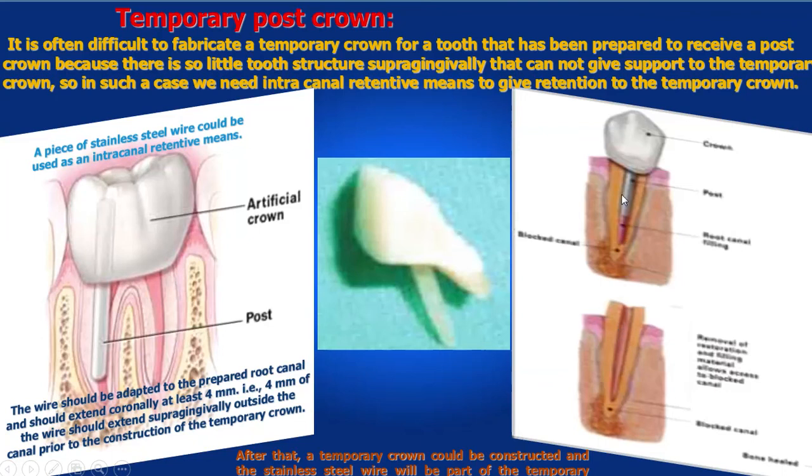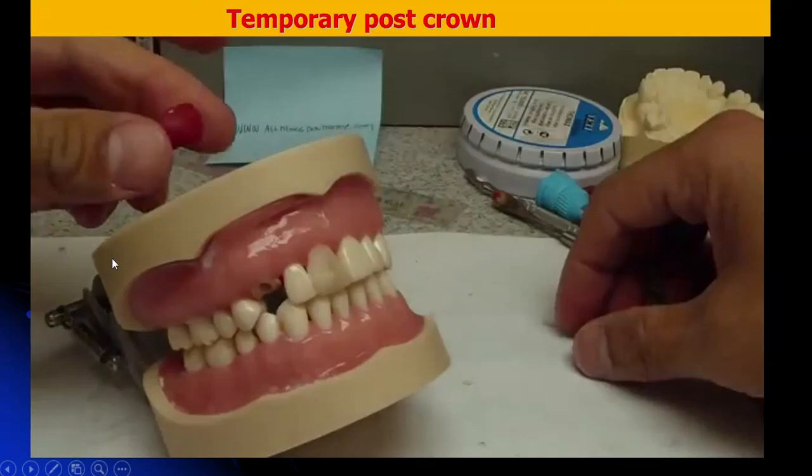We extend a special dowel wire inside the canal, and any technique can be used. Even a wire of orthodontic stainless steel or any sort of wire, we insert it inside the canal, then we do our temporary.